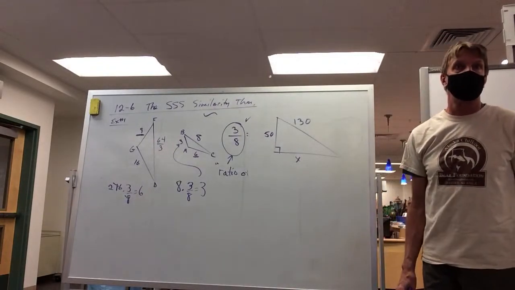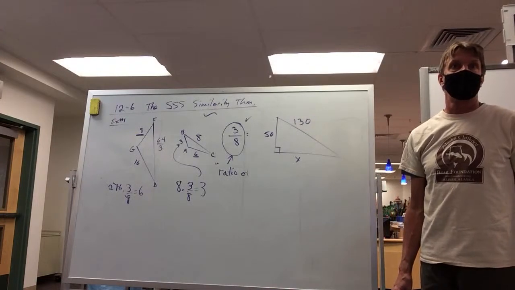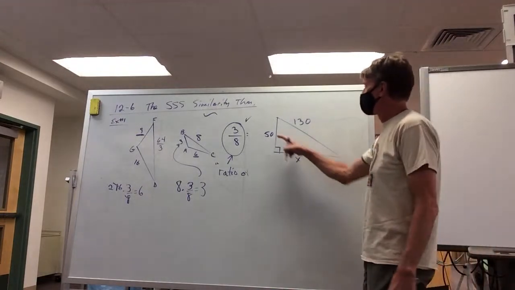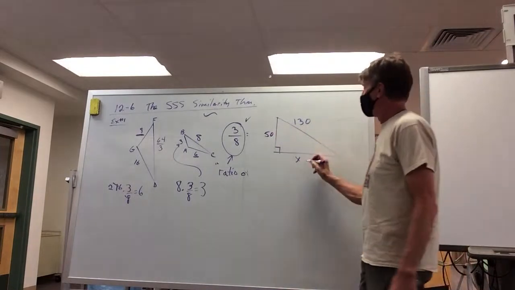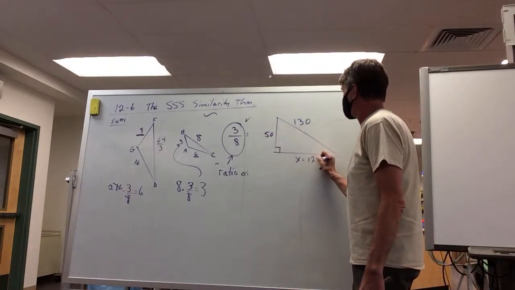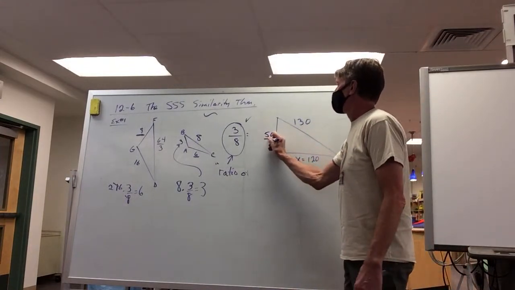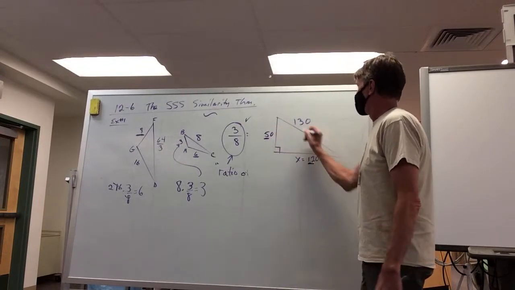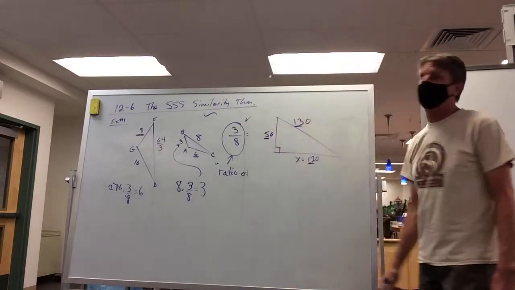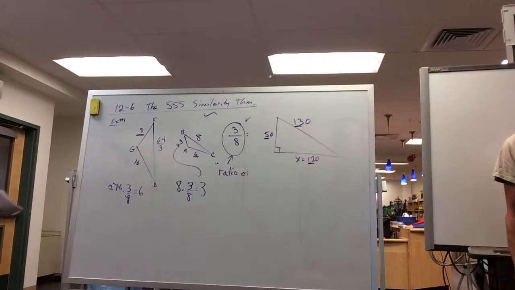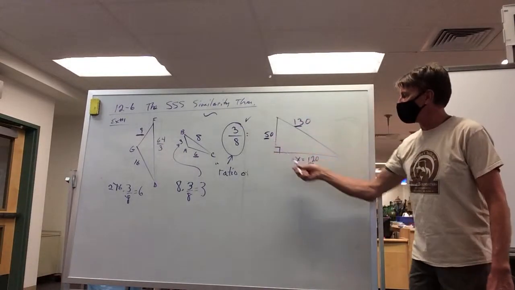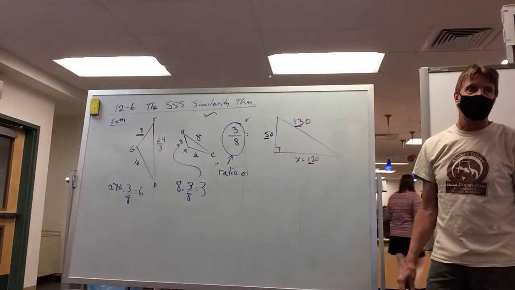What's that? The 5, 12, 13 triangle. 5, 12, 13. So we could say that this is 120 because of the Pythagorean triple, 5, 12, 13. Because 5 squared plus 12 squared is 13 squared.